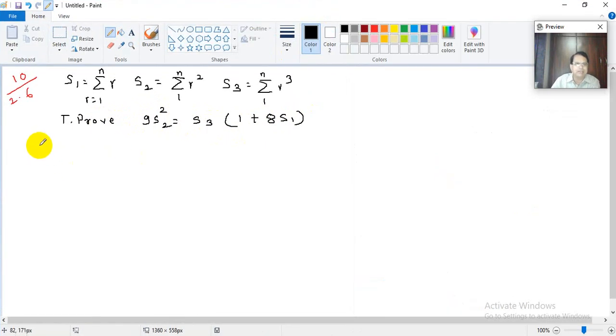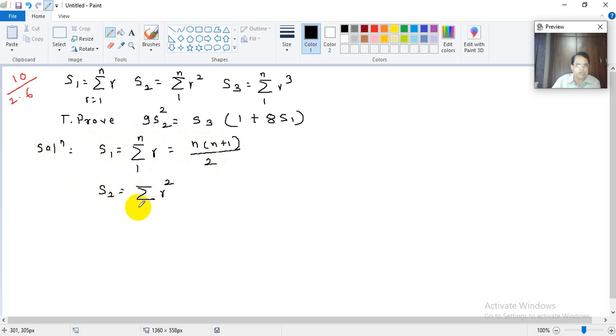So I think this can be done easily. Solution: S1 is summation R from 1 to n, so it is n into n plus 1 upon 2. Then S2, summation R squared, 1 to n, is n into n plus 1 into 2n plus 1 upon 6.